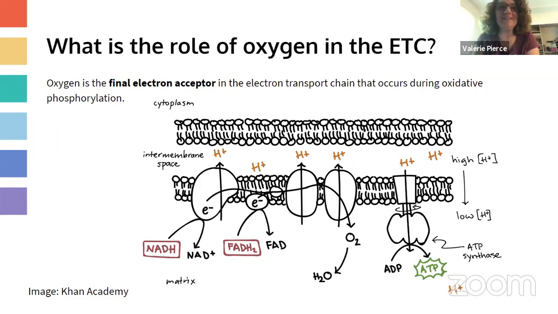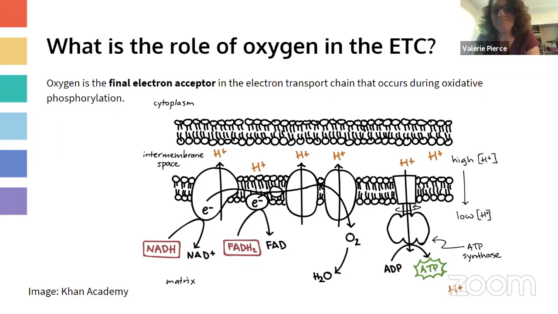But as they're passed along, when they get to the end of the chain, they have to go someplace. And that someplace is oxygen. So those electrons go to the oxygen, it grabs more hydrogen ions, and it becomes water, and the water diffuses away. So now there's an empty spot at the end of the electron chain, and electrons can keep flowing. So really the point of oxygen is to remove the electrons so that the flow through that transport chain can continue.